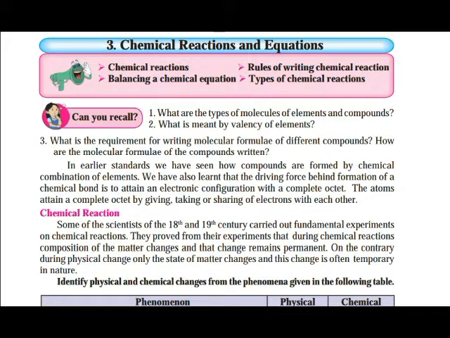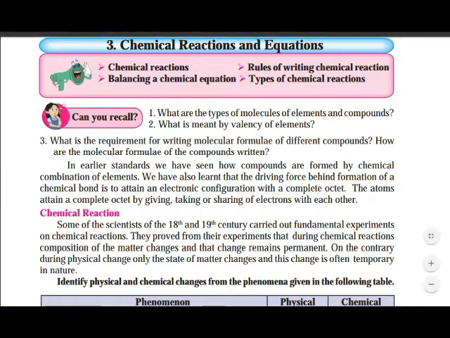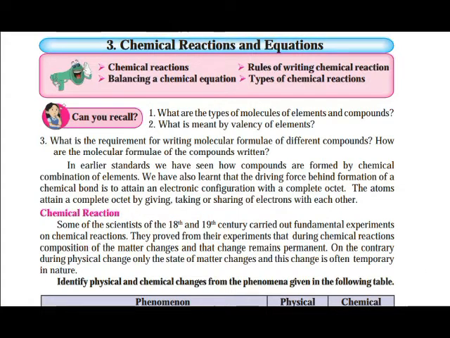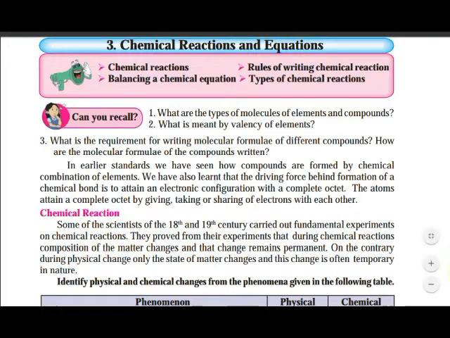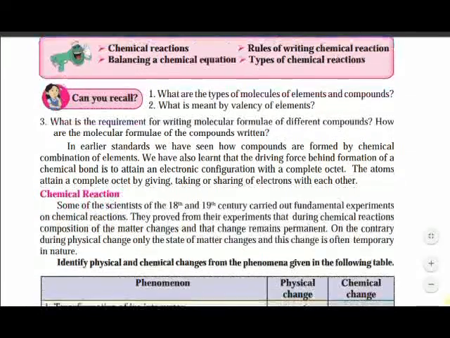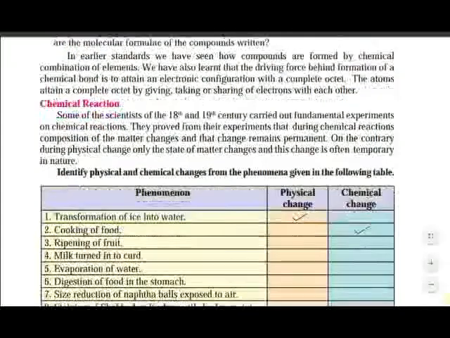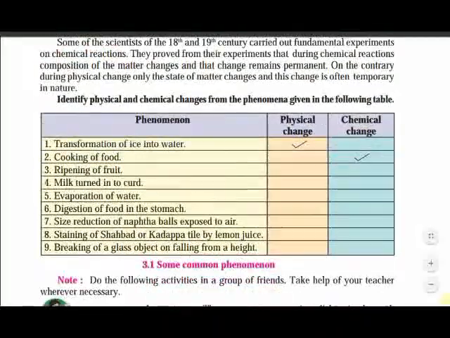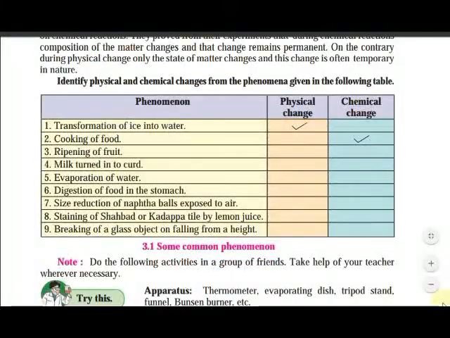Understood? Now next we are going to see one table given over here. Identify physical and chemical changes from the phenomena given in the following table. Phenomena are given, reactions are also given.